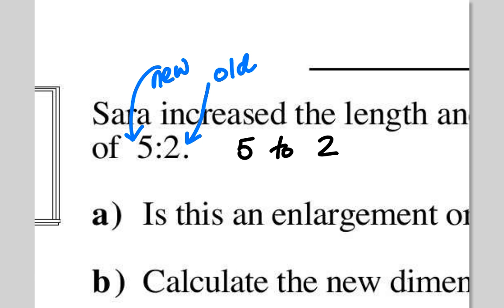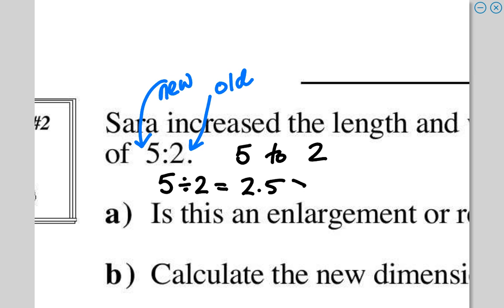So if the old one was 2, the new one will be 5. You can also put 5 divided by 2 in your calculator: 2.5. Greater than 1, therefore it is an enlargement.